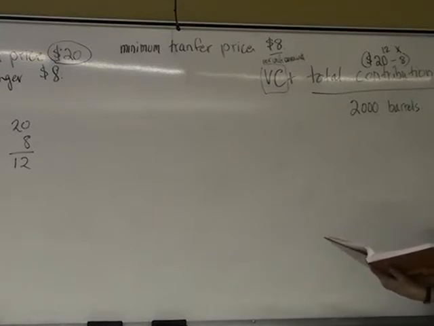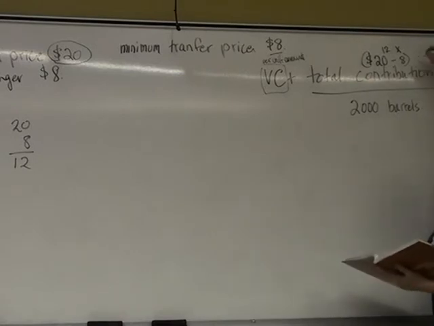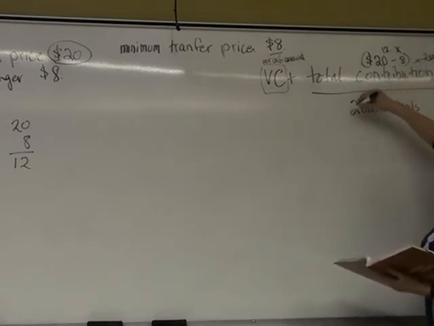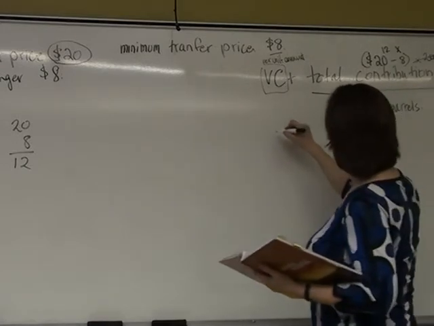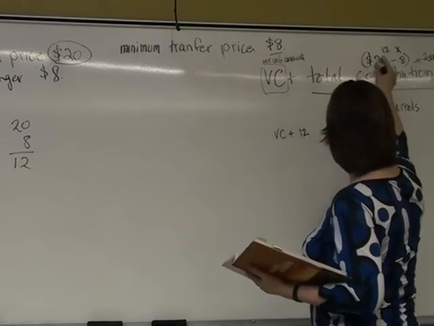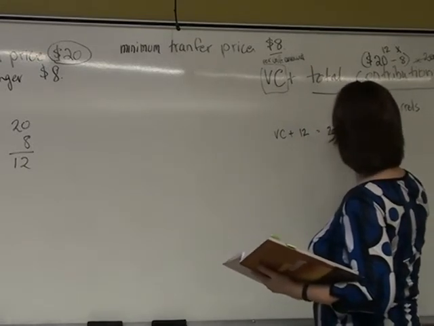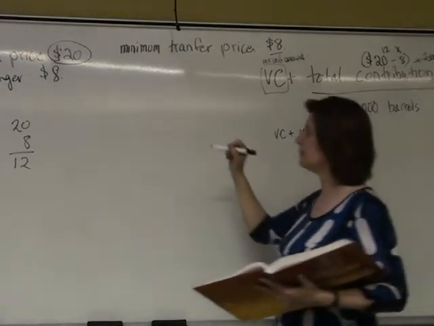No, it's saying it wants to transfer 2,000. So the 2,000s cancel out, right? So what happens is the variable cost plus the $12 of contribution margin that they lose means they won't sell it for less than 20.